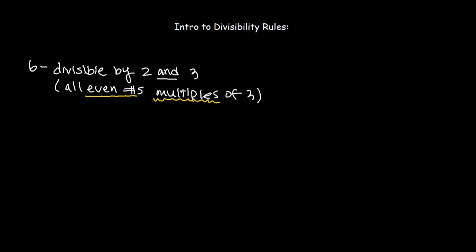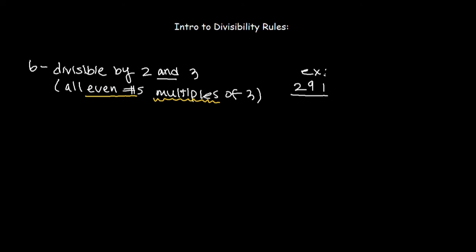So let's say you have, for example, 291. That's the number. How do you know if this is divisible by 2 and 3? Well, is this an even number? No, it isn't.